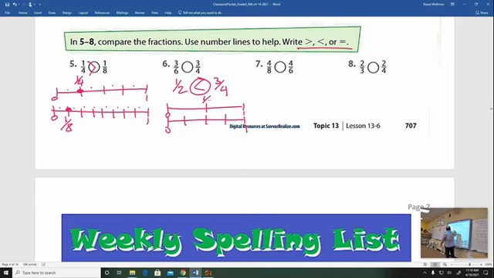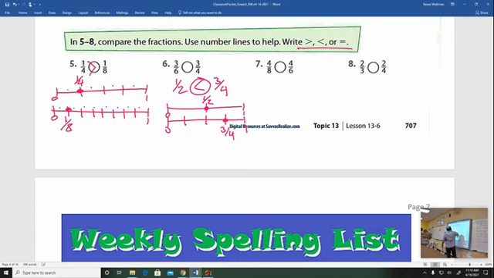Now, the 1/2 would go right there, and 3/4 would go way over here. Yeah, 3/4 is closer to 1 whole than 1/2. Does that make sense? You guys see that one? Thumbs up?